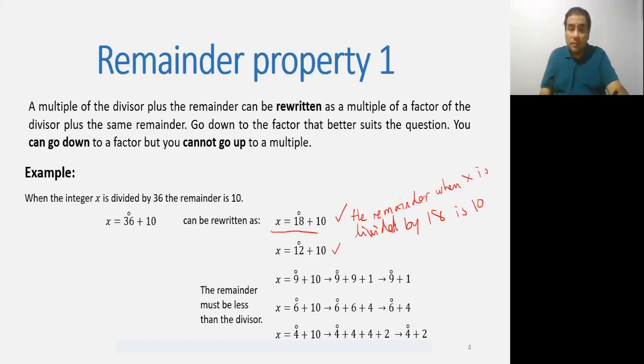But if you split up 10 into the sum of 9 plus 1, now you can see that a multiple of 9 added with another 9 is still a multiple of 9. So in the end, x will be a multiple of 9 plus 1. Thus, 1 becomes the remainder when you divide x by 9.